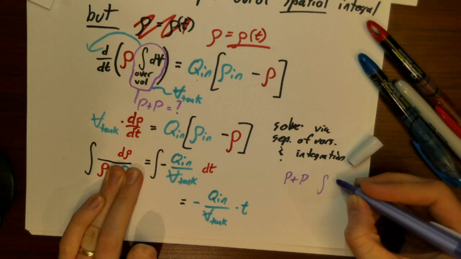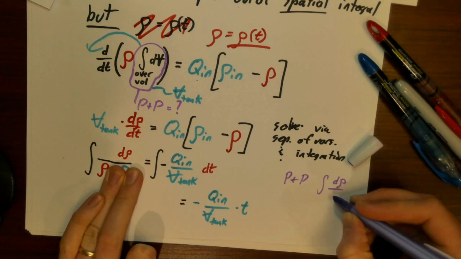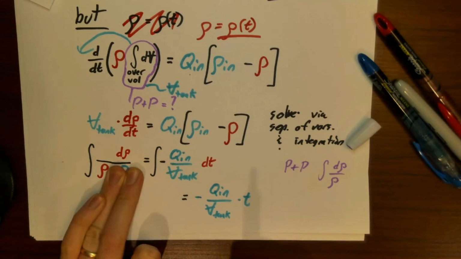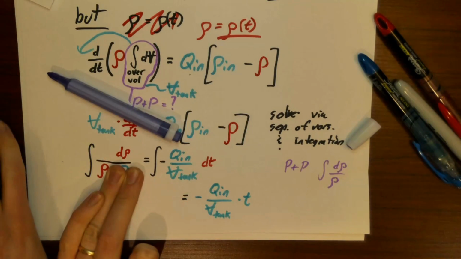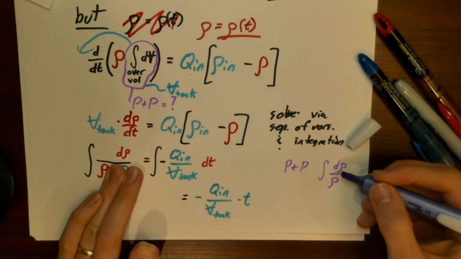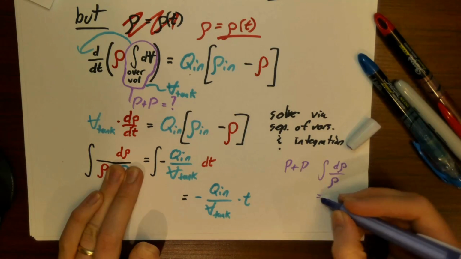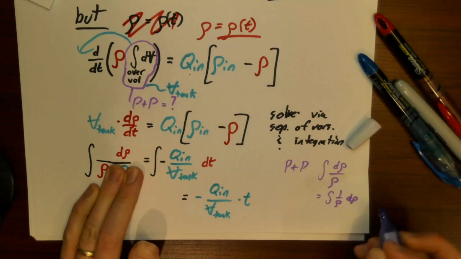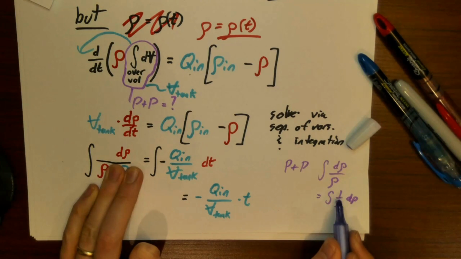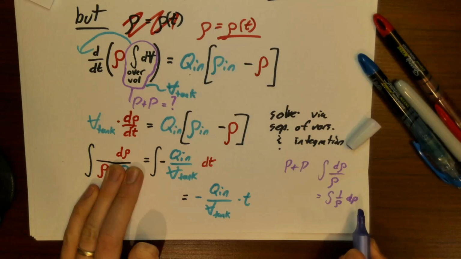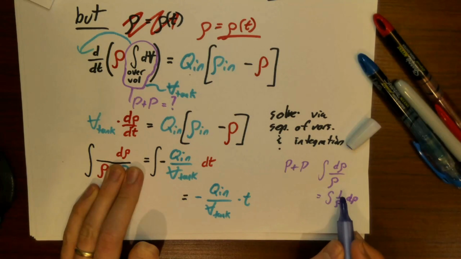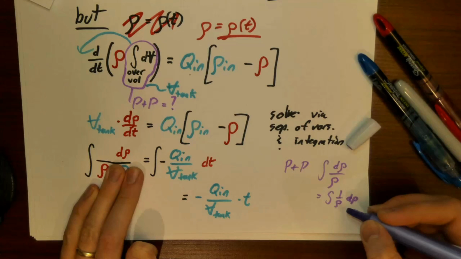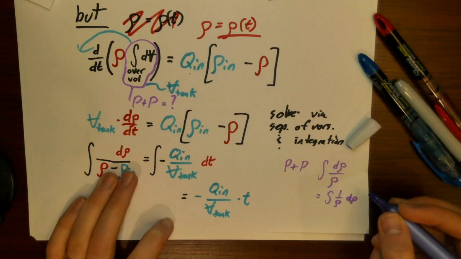What is the integral of d rho over rho? Well, if you dust off your high school calculus notes, equivalently we could say this is an integral of 1 over rho d rho, or you could just say 1 over x dx, right? You could put whatever variable you wanted here. And if you remember, integral of 1 over x is natural log of x, or integral in this case of 1 over rho d rho is going to be natural log of rho.